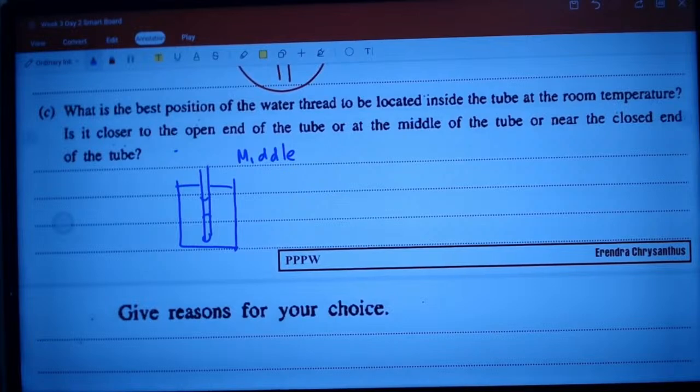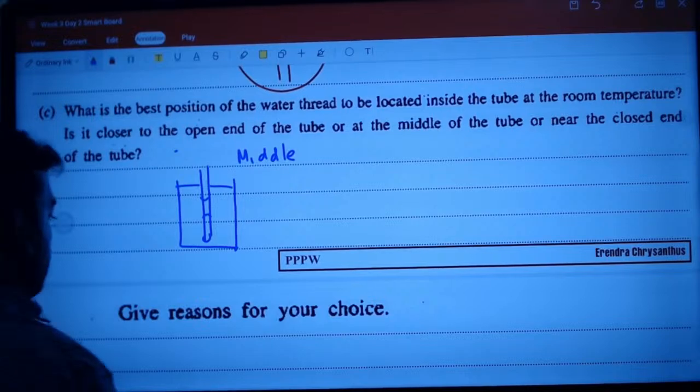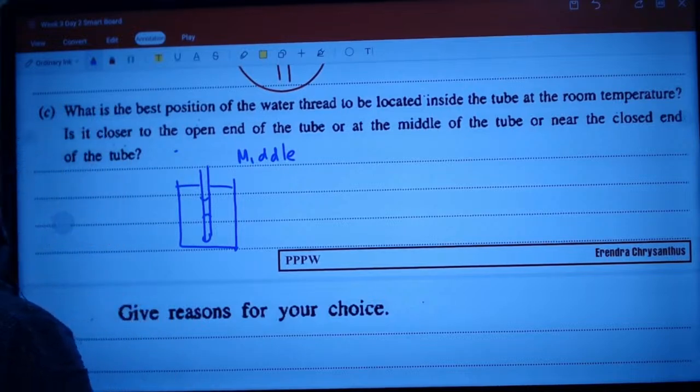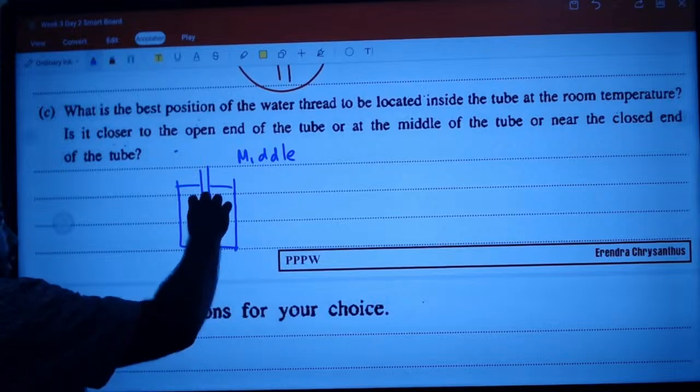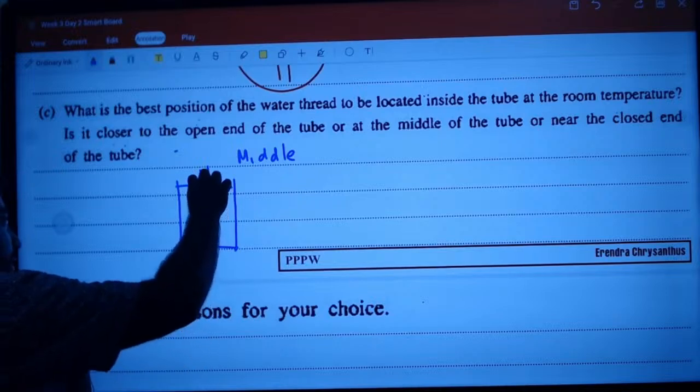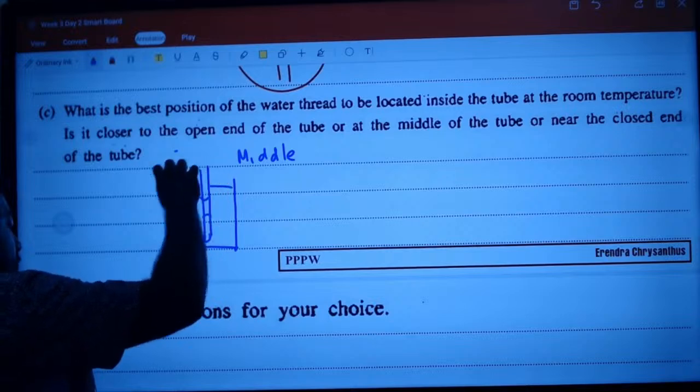When we heat the water tube in water, the water thread will travel along the tube.